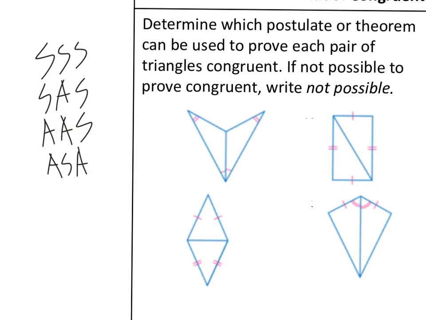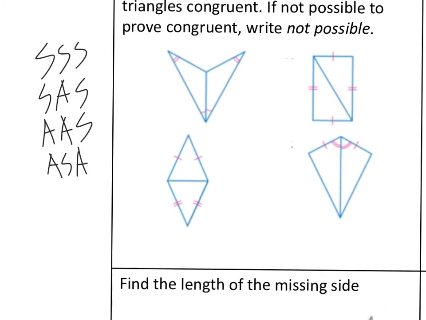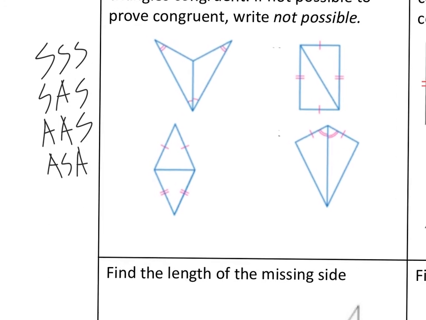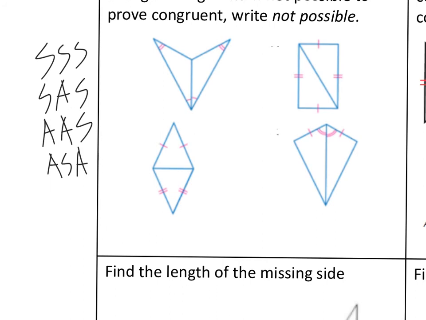You also learned about some right triangle congruencies, but none of these triangles are given as right triangles. Maybe this one would be, but we can prove this otherwise though. I'm not going to talk about the right triangle congruencies in this example.